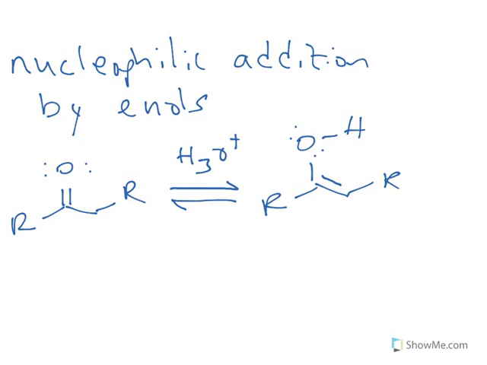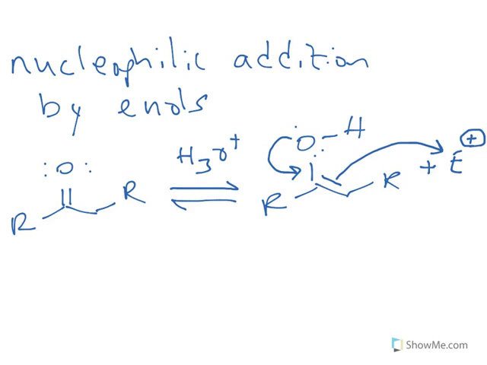So now I have the enol. And if the enol is in the presence of an electrophile, I'll call this E+, the enol will actually react with this electrophile. The way this works is it'll reform the double bond between the oxygen and the carbon, and the CC double bond will then go out and attack the electrophile.